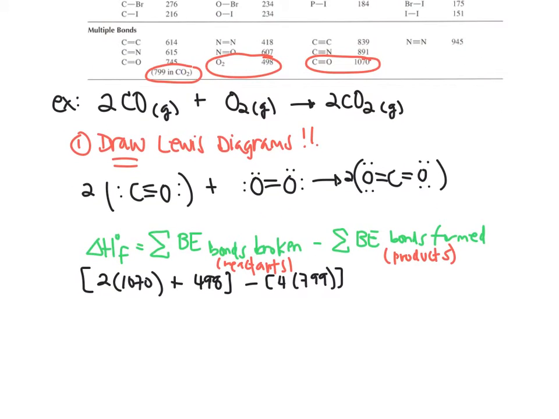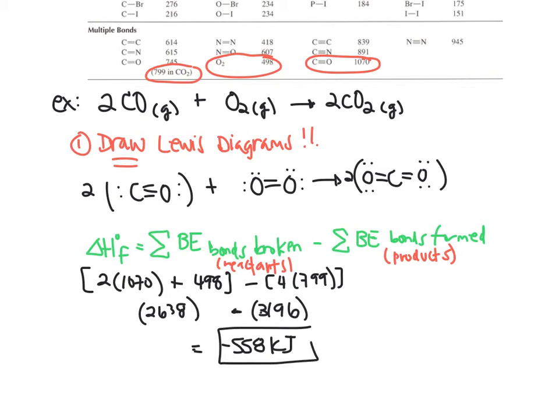And then if we do the sum of our reactants, or the bonds broken, we get 2638. And we're going to subtract from that, of course, 4 times 799, which is 3196, and what we end up with total overall is negative 558 kilojoules.